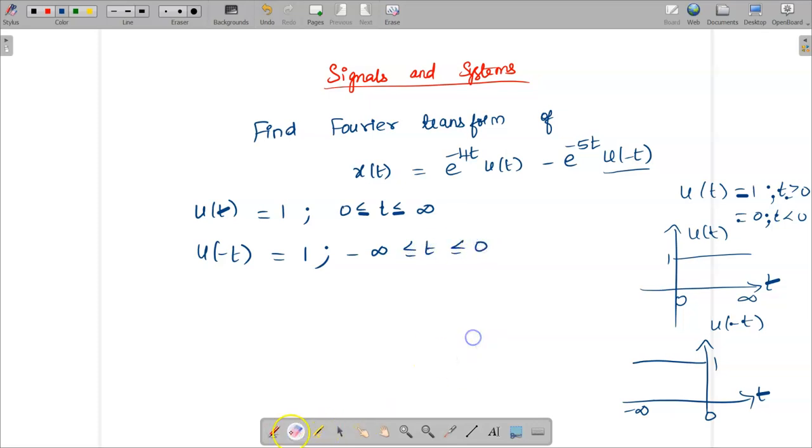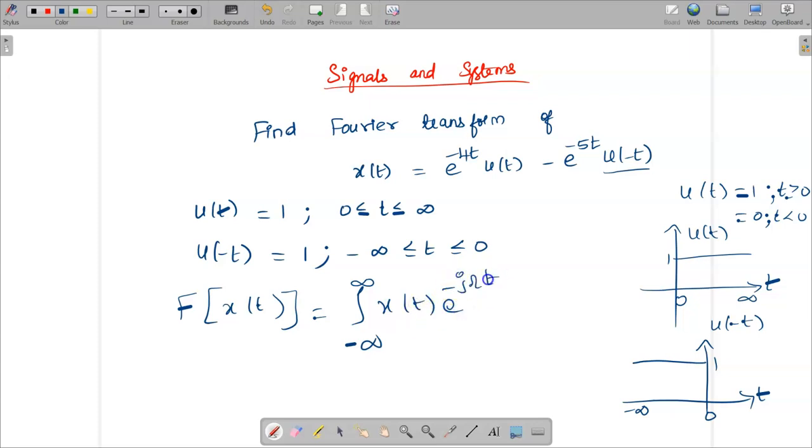Once you have determined that, now coming to the general formula of Fourier transform. The Fourier transform of x of t is given by the integral from minus infinite to infinite of x of t e power minus j omega t dt. It is nothing but x of j omega.